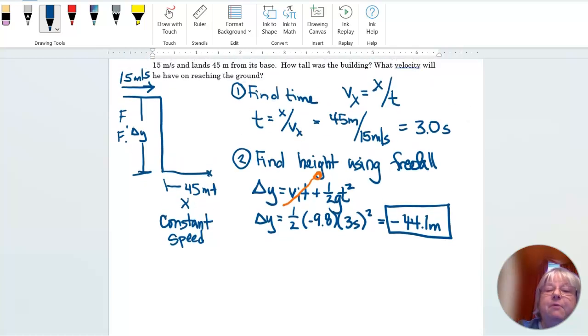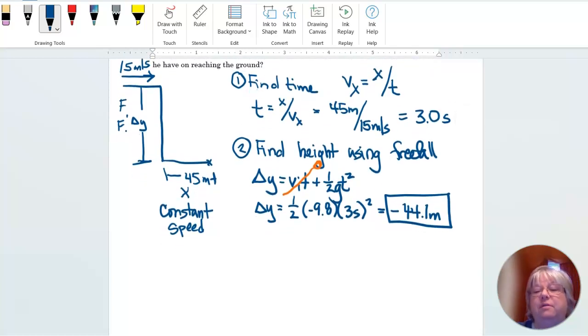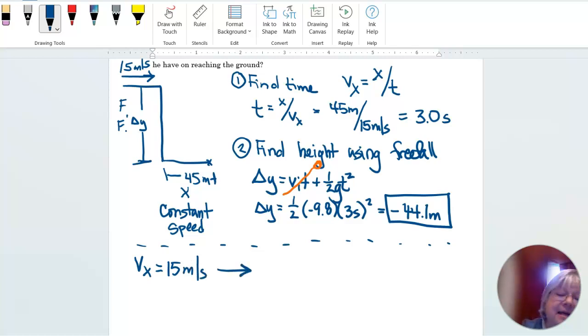Okay, now my second question is, with what velocity will he hit the ground? Now, that velocity comes from two things. Number one, his Vx. That's his velocity in the X direction, that he's moving forward. And as we said, that is constant.